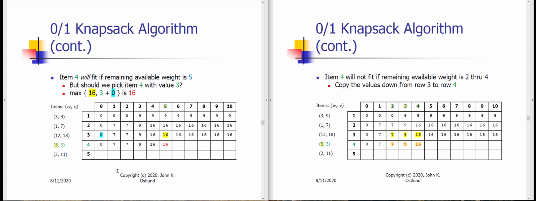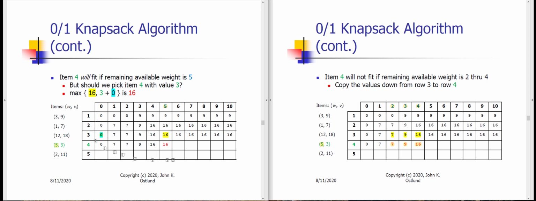Okay, now item 4 has a weight of 5, so it will fit into that available space of 5. But if we use item 4, there isn't any more remaining space. So the increment that we can get by also considering items 1 and or 2 and or 3 is this 0 over here from the 0 remaining available space.